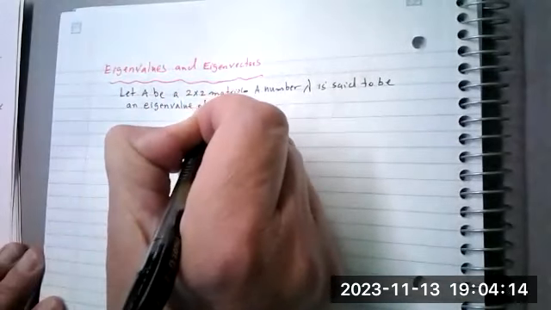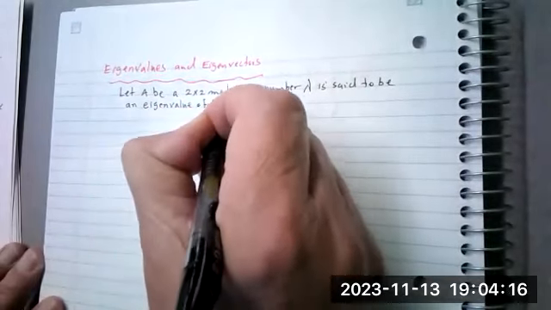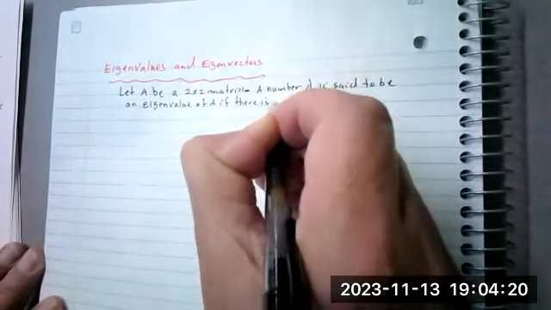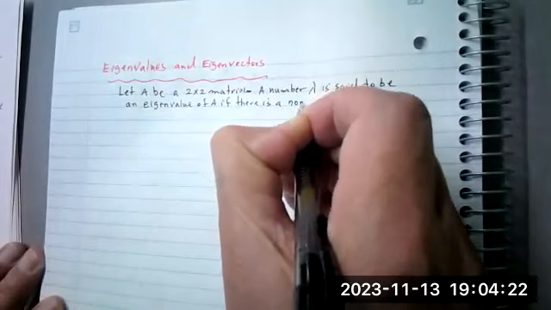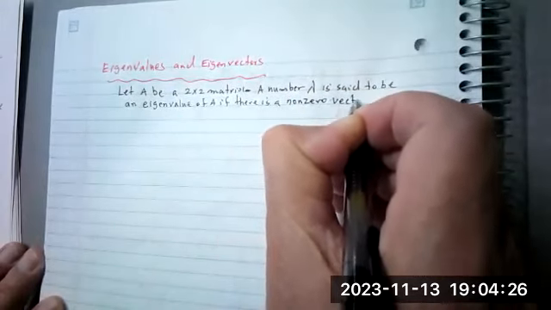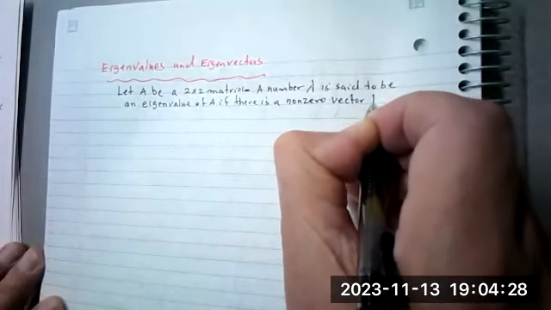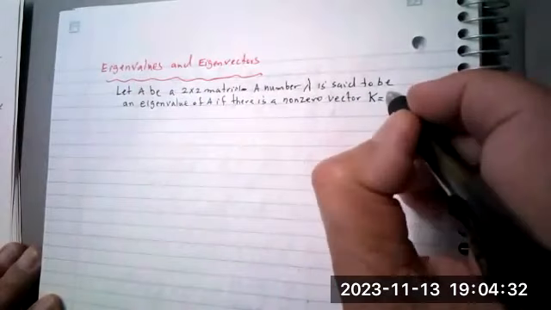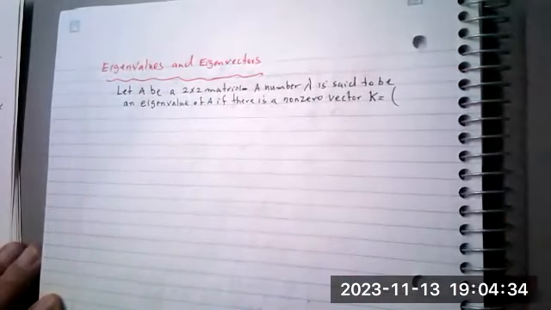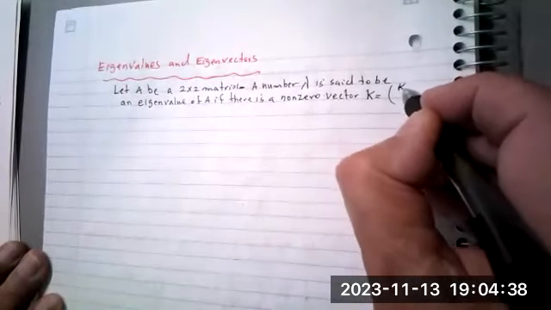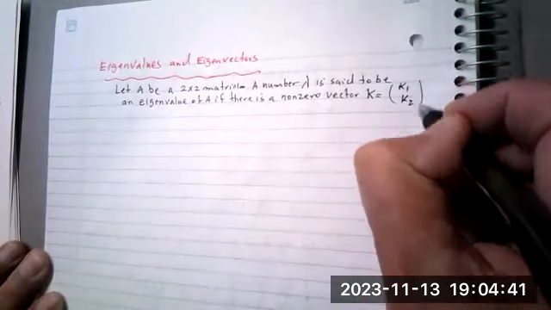if there is a non-zero vector K, it's going to be a vector. The notation is this: I use the uppercase K for the vector, but the lowercase for the components, k1 and k2.